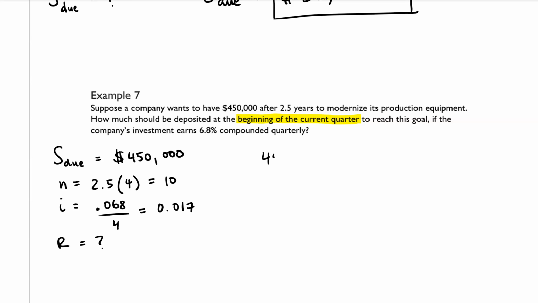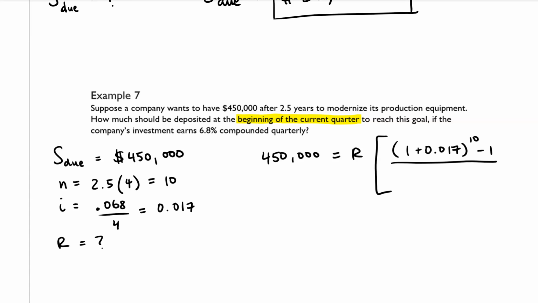So if we plug in the values into our formula, we have 450,000 equals R times 1 plus 0.017 to the 10th power minus 1 all over 0.017.